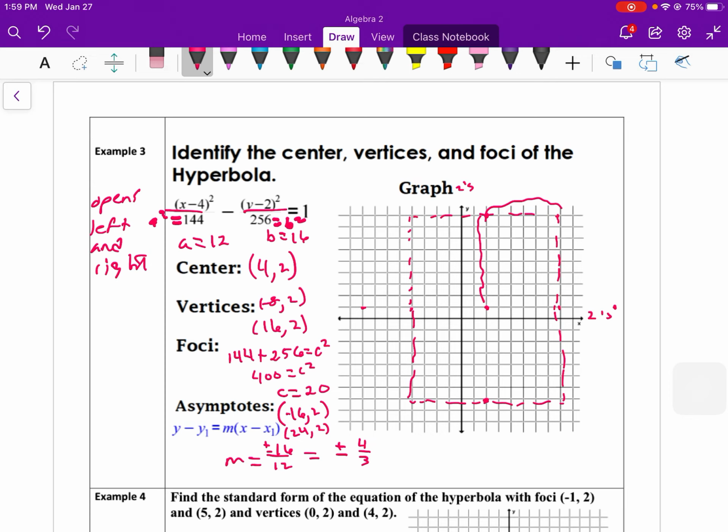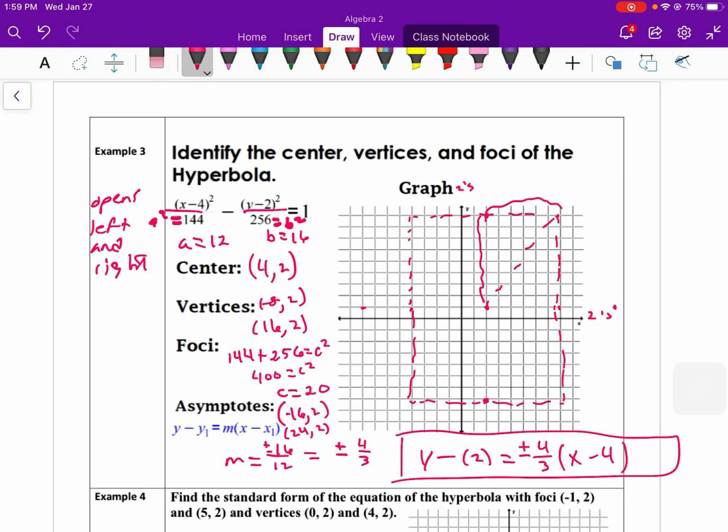Using our center values for y1, x1, we have y minus 2 equals our slopes, and then x minus 4. Those are our asymptotes.